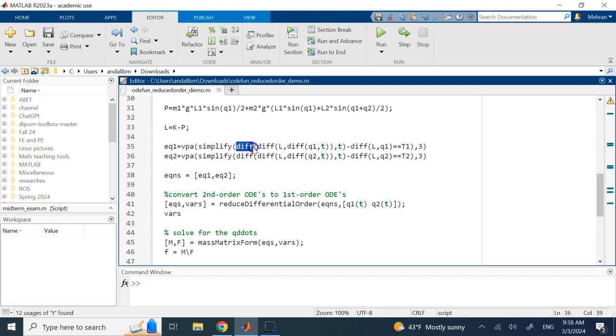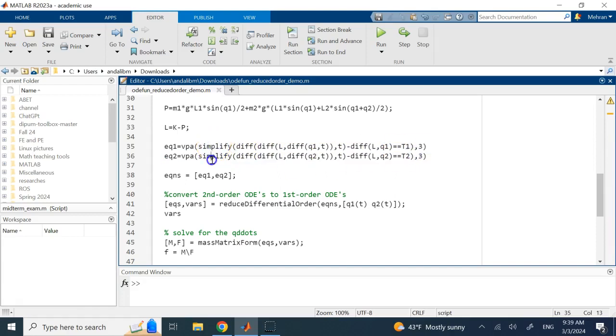You take a time derivative of them, minus the partial of L with respect to Q1 and Q2. And here, the only non-conservative terms we have, because we don't have friction in this model that I'm using, right? You can add friction on the right-hand side. The only non-conservative things are torque 1 and torque 2 on the other side. So these are my governing equations, this one and this one.